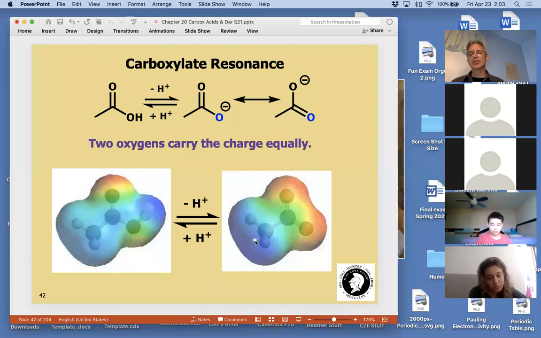And this is the structure all of the time. Resonance structures don't exist. Here it's a 50-50 average because it's symmetrical, and the two oxygens are carrying equal charge all of the time, okay? And of course, notice how much more red there is here than in the carboxylic acid, because hey, you got a negative charge here. The colors average out on the left, they don't on the right.